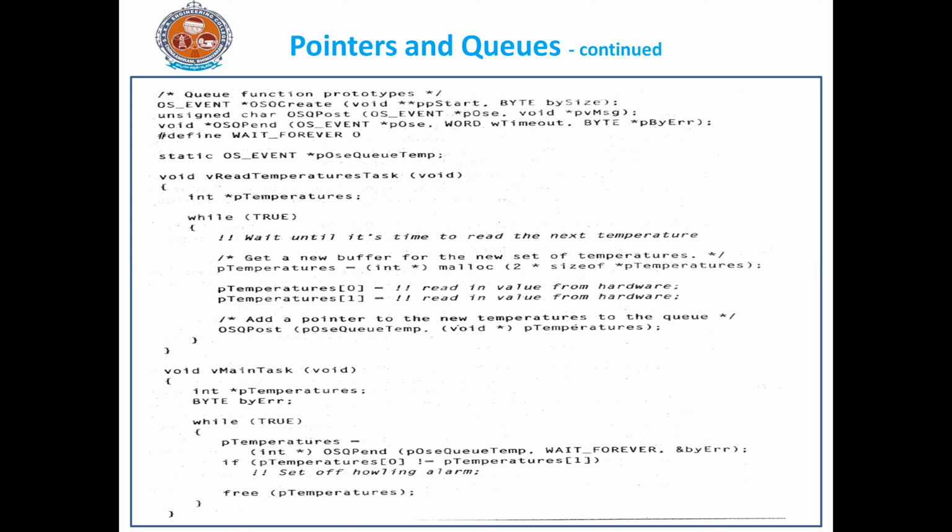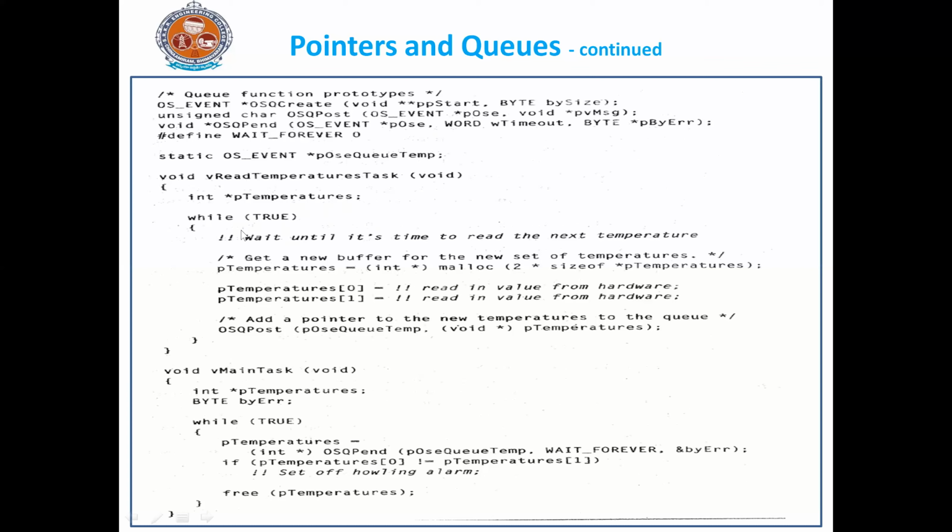Whenever it is reading the temperatures and saving them onto the variable, suppose the main task is called in between. Because it is of high priority, you are getting the wrong values.